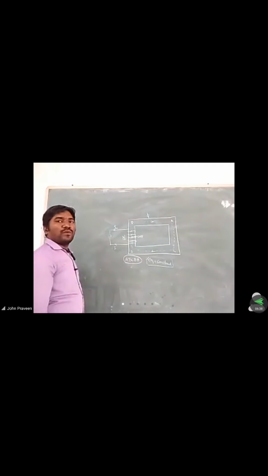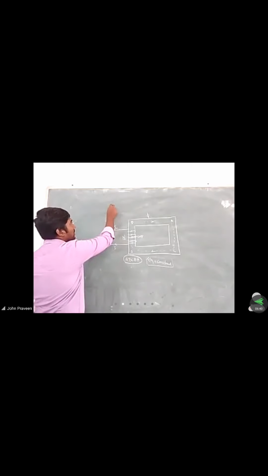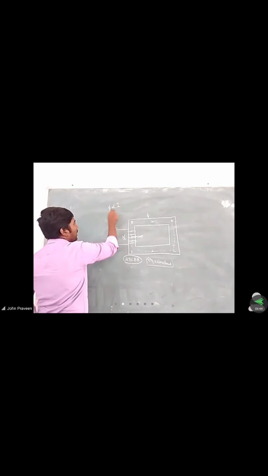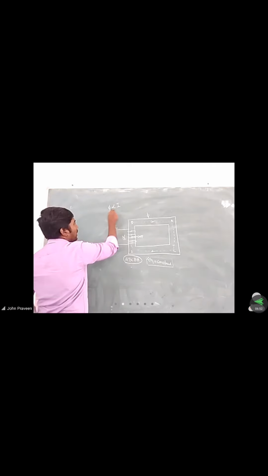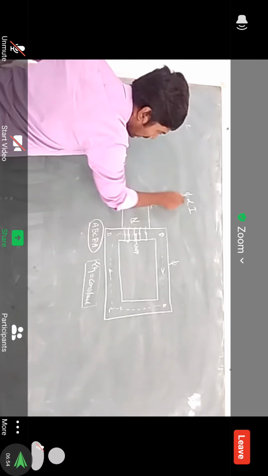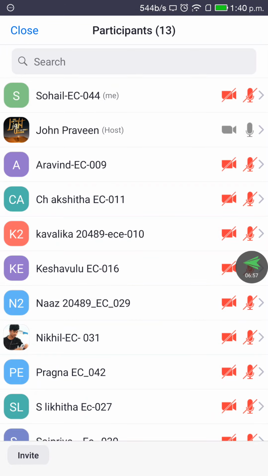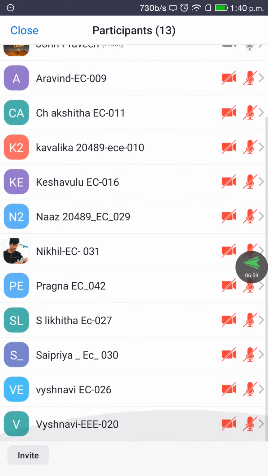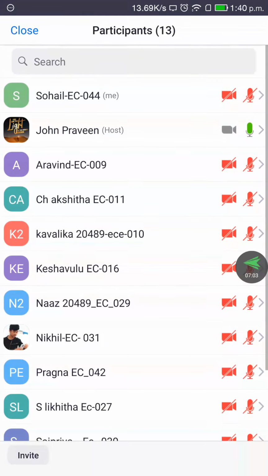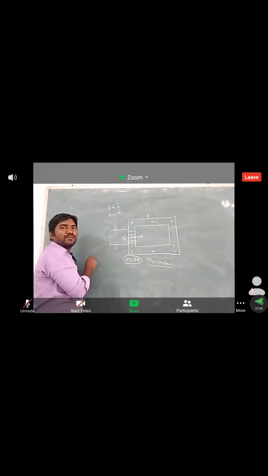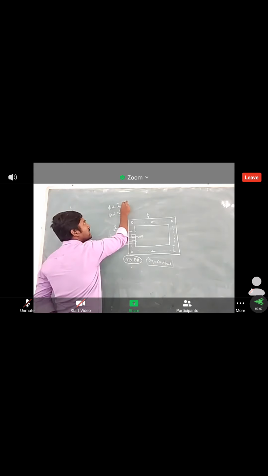So the flux generated, phi, is directly proportional to current and directly proportional to number of turns. For example, if current is more.